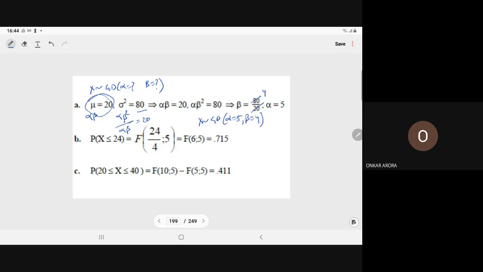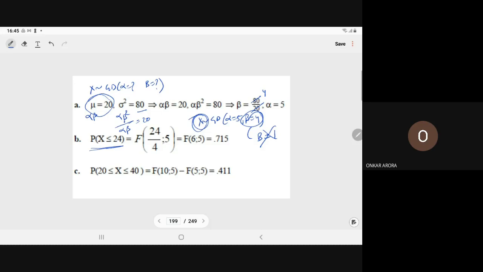So now you can say x follows a gamma distribution with alpha equal to 5 and beta equal to 4. Now, the most important part, when we have to compute the time spent is at most 24, means x must be less than or equal to 24. Now here this x is a non-standard gamma distribution, meaning here we don't have beta equal to 1.